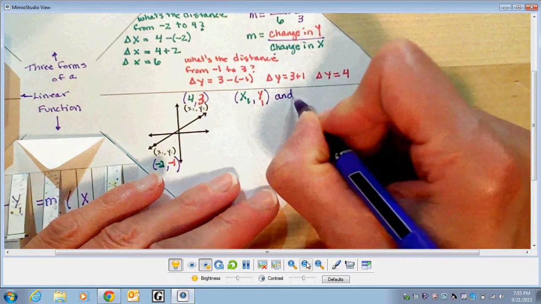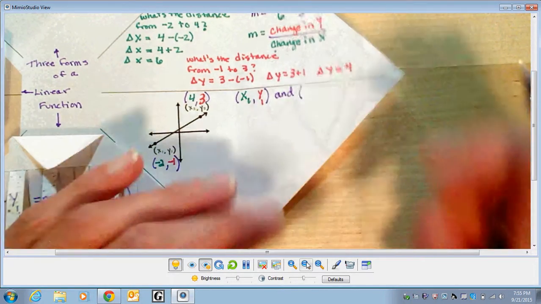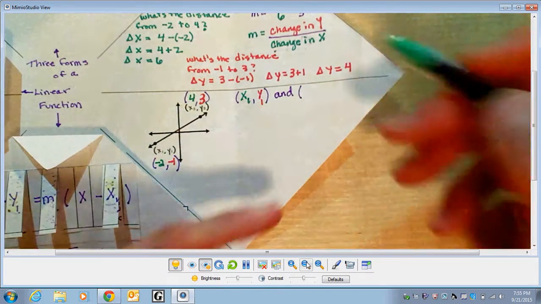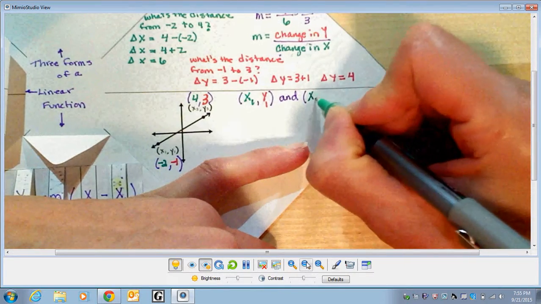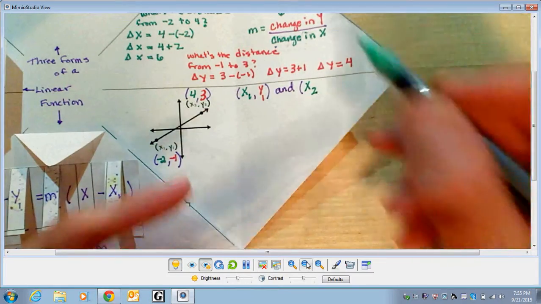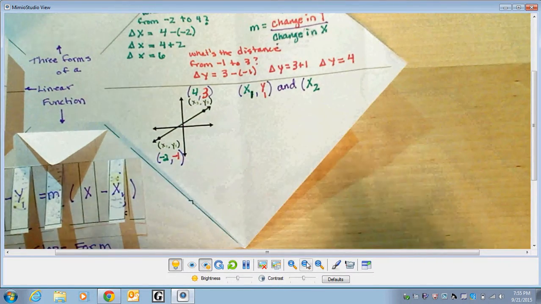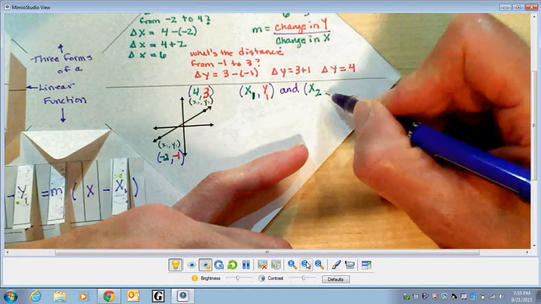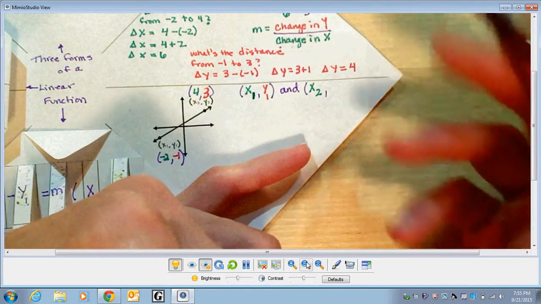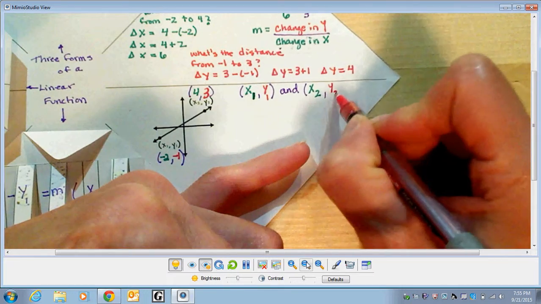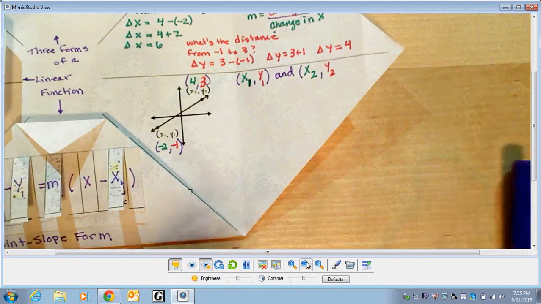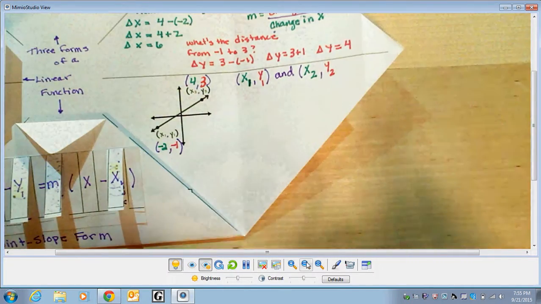And we have an x2. It's kind of slipped on the paper. That looks funny, so I'm going to make sure that looks like a 1. And a y2. Okay? So those are our points.